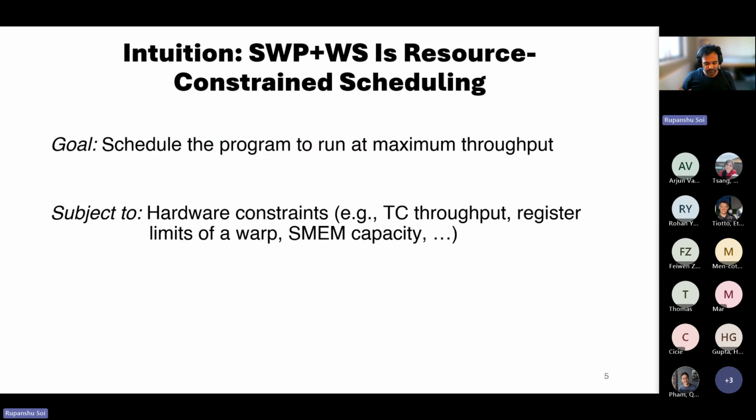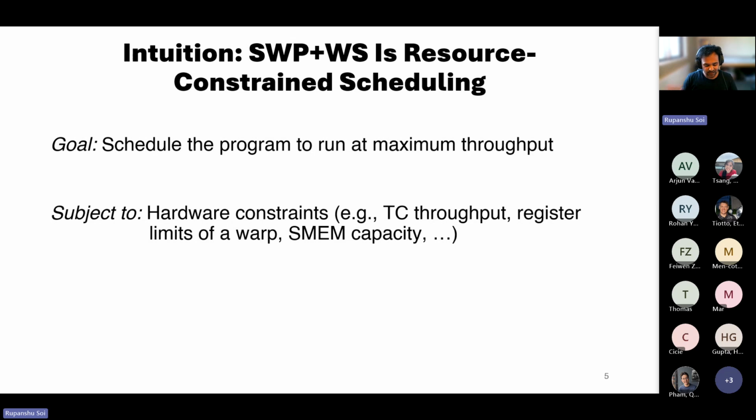So our approach relies on the intuition that pipelining and warp specialization done together is really a resource-constrained scheduling problem, where the goal is to schedule the program to run at maximum throughput, subject to various constraints of the hardware, such as throughput of the Tensor core, how many registers a warp can access, what your shared memory capacity is, and so on.